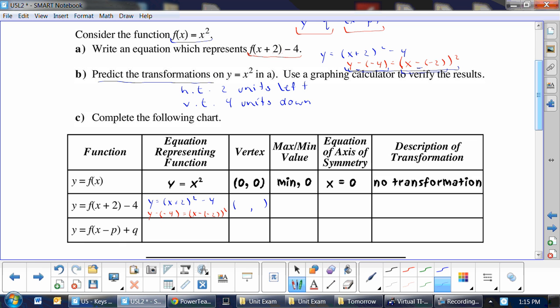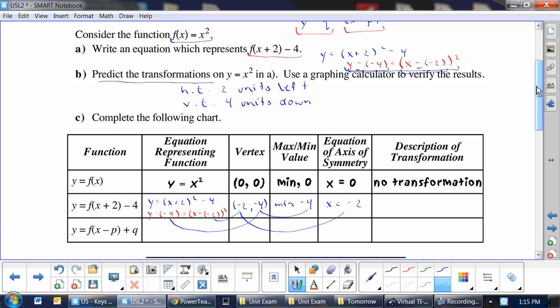So what would our vertex be? Negative 2, negative 4, because we can pull those right from here. Okay. And what about our minimum? Yeah, min is negative 4. Our axis of symmetry?